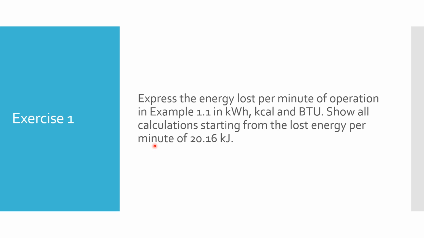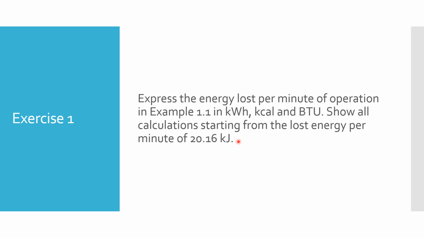Let us look at an exercise to solidify the concepts in the previous example. You are required to express the energy lost per minute of operation in example 1.1 in kilowatt hours, kilocals and BTU. The catch over here is that you have to show all the calculations starting from the lost energy per minute of 20.16 kilojoules.